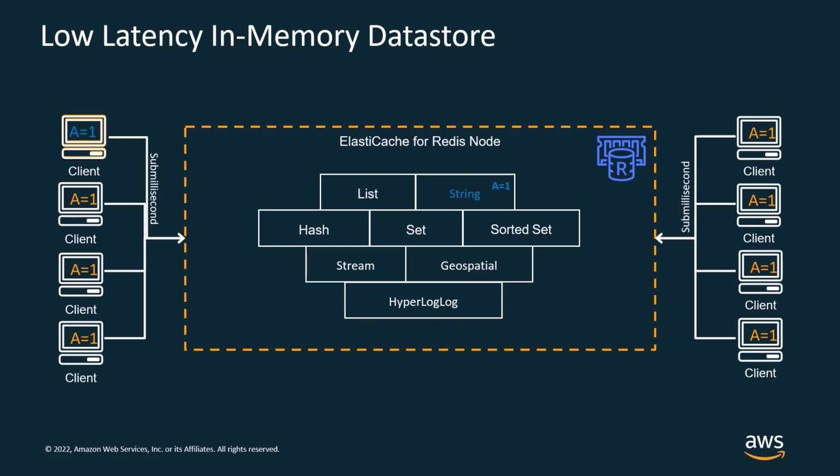For caching purposes, you might get the query result and store it in a string or hash or set or sorted set data structure, and all of the other clients benefit from what the first client already did. So let's talk about the kind of data stored in a typical relational database and compare it with the data structures in Redis.